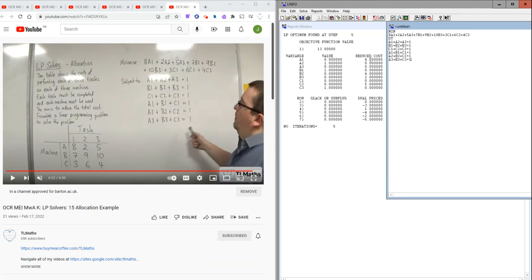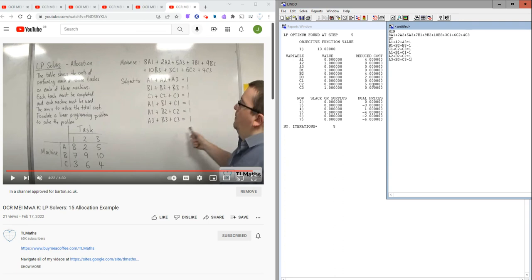So 13 plus the 4 will get me up to 17. And if I force B2, so machine B to do job 2, it will increase it by 4. If I force machine B to do job 3, then it will take me up to 15 because it will add on 2. And if I force machine C to do job 2, it will increase it by 5.